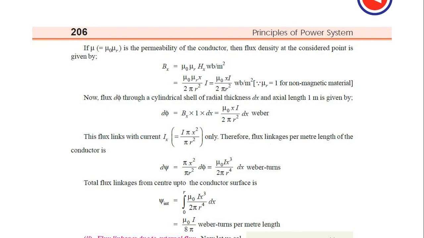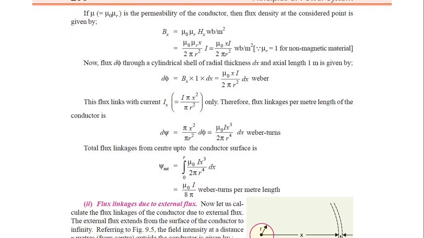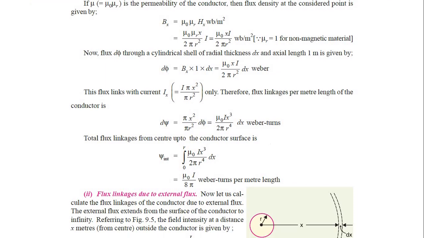So this flux links with current Ix. Therefore, flux linkages per meter length of the conductor is given by this expression over here.